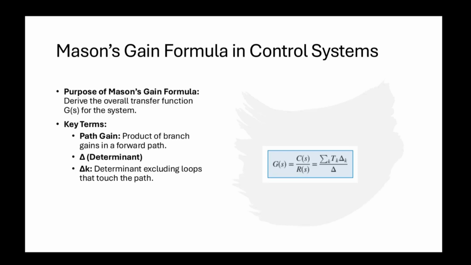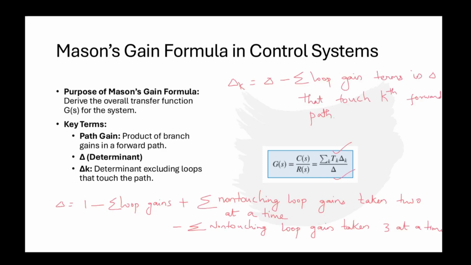The key terms are path gain, the determinant delta, and delta K, the determinant with subscript K. Suppose we have K forward paths, Tk is the forward path gain, and delta is 1 minus the summation of loop gains, plus the summation of non-touching loop gains taken 2 at a time, minus the summation of non-touching loop gains taken 3 at a time, plus the summation taken 4 at a time, minus the summation taken 5 at a time, and so on.